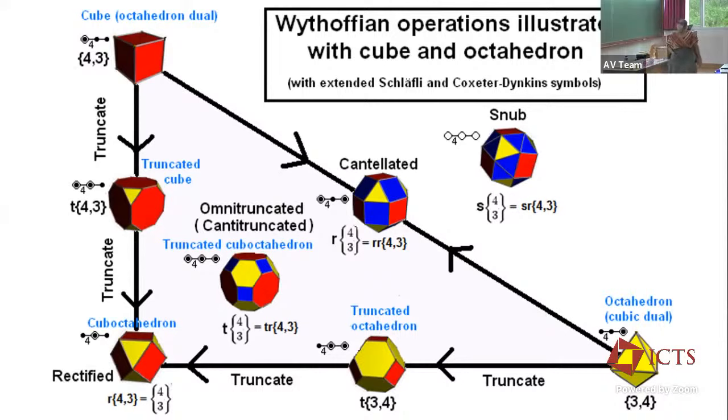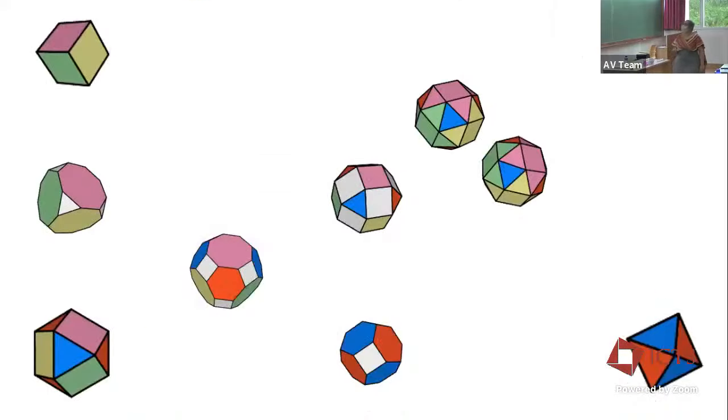As I told you, in the case of the snub cube, all the squares are red. Most of the triangles are blue except for some which are yellow. Here's a more colorful version of the same thing. So this is where it is a truncation.